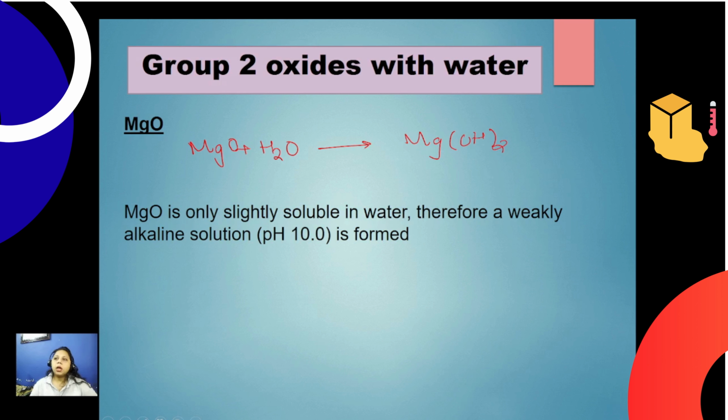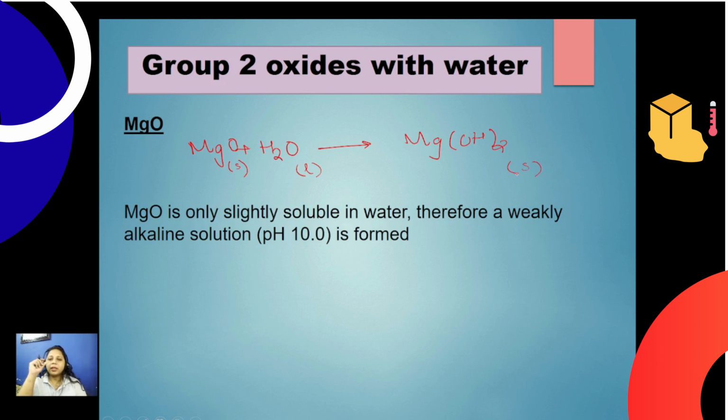Now when we talk about solubility, or the state symbols, keep this in mind: this magnesium oxide is solid, this water is liquid, and this one is also solid.